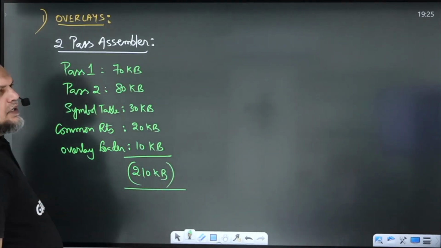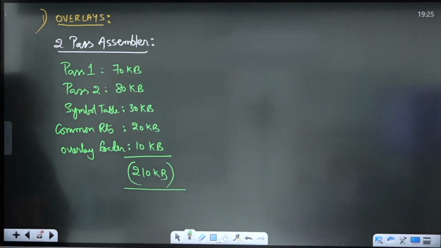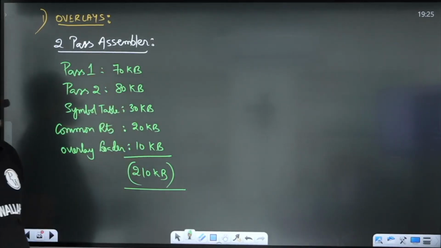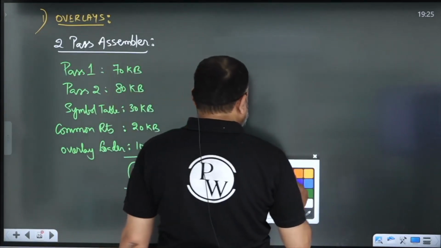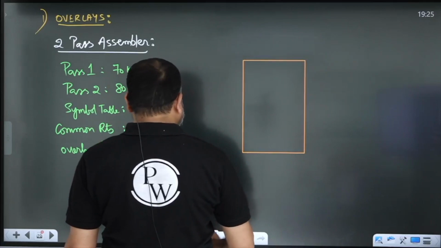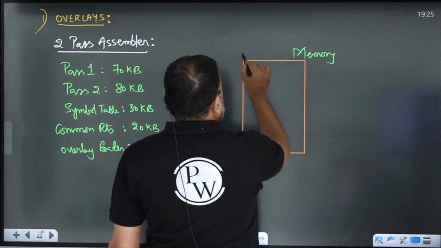Which means that logically under ideal conditions, if I want to assemble my program with this 2-pass assembler, pass 1, pass 2, I need 210 KB of memory. But for example, imagine I don't have 210 KB of memory free available. What is available to me?